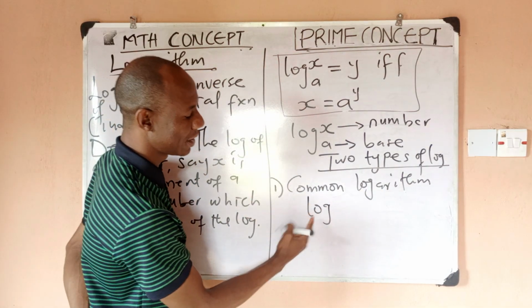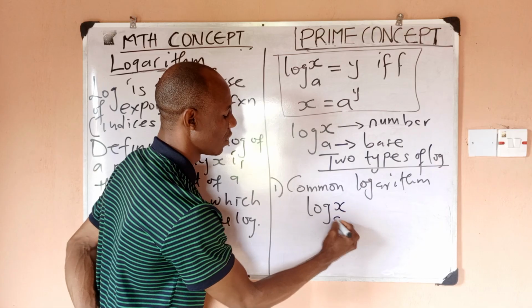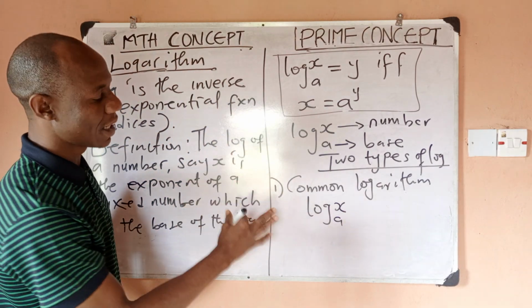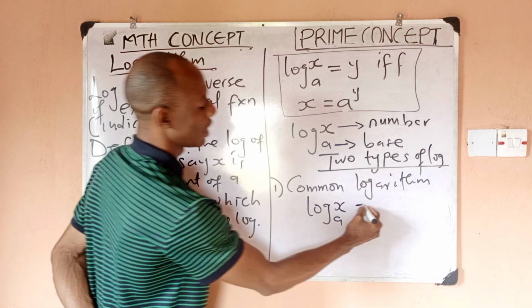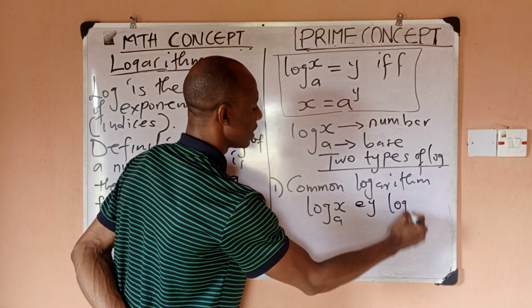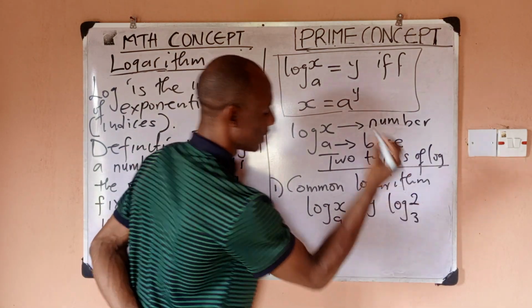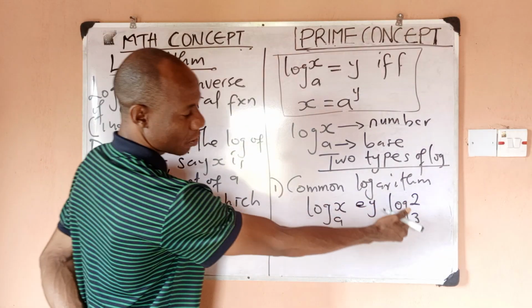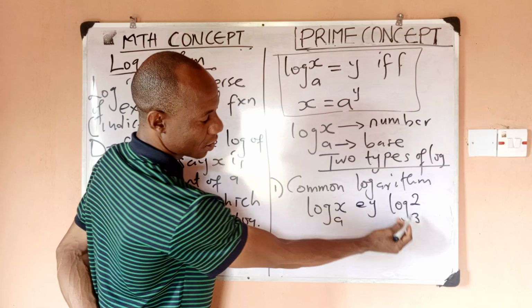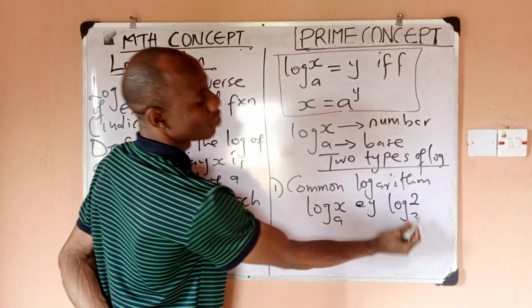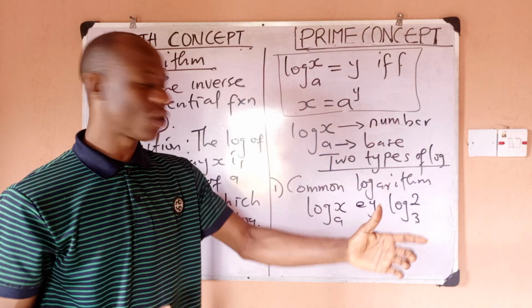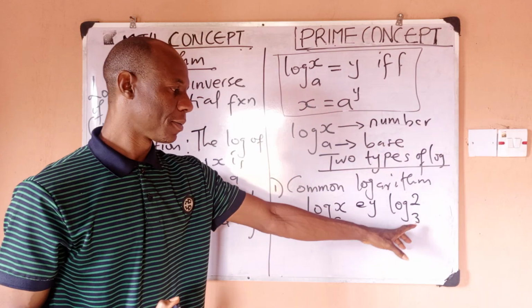This is what we know as common or general logarithm. So you can have something like log 2 to base 3, log 4 to base 5, and so on. So this is a common logarithm with the symbol log, while this is always going to be a number. It can be any number, 2, 3, 1, 4, and so on.